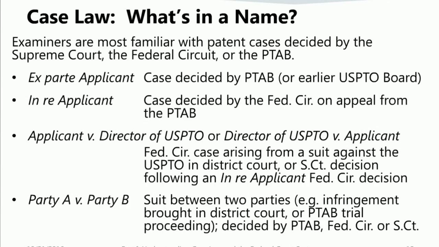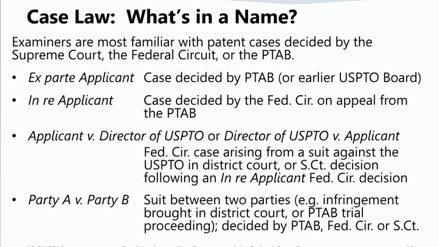You can learn a lot about a legal decision just from its name. A patent case called Ex Parte Applicant was decided by the PTAB or an earlier USPTO board. If a patent case is called In Re Applicant, it was decided by the Federal Circuit on appeal from a decision of the PTAB. Some cases name 2 parties.